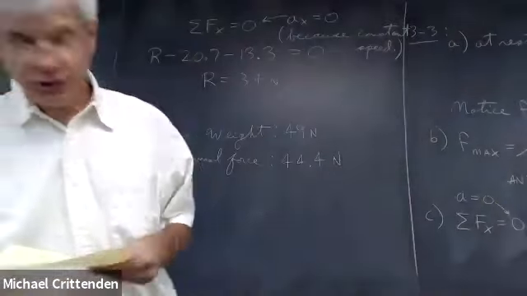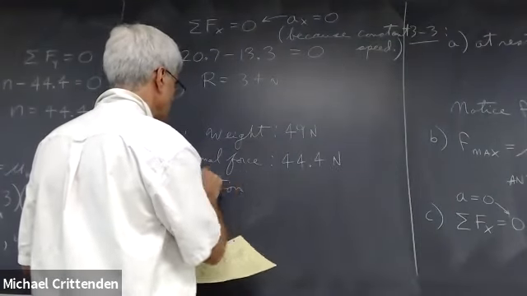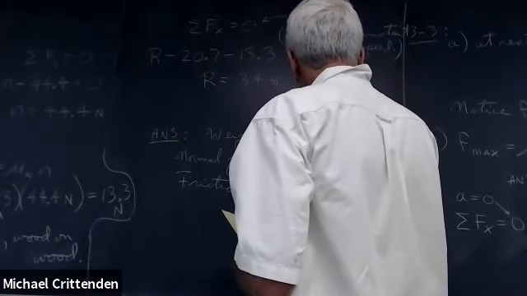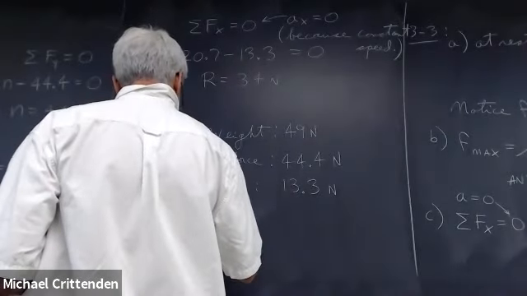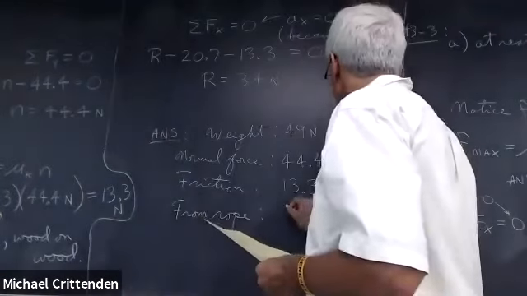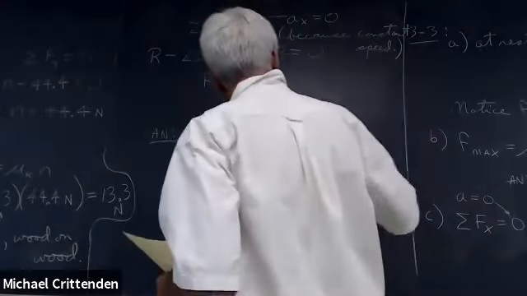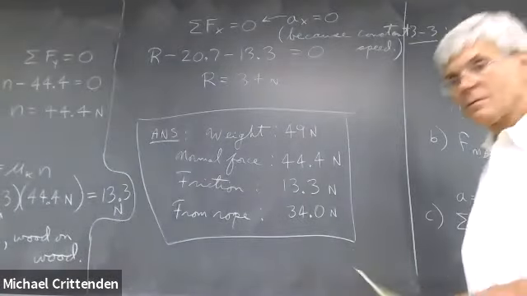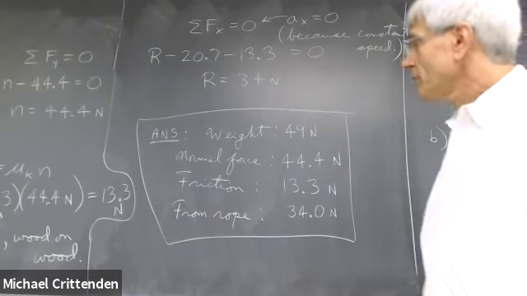The force of friction, 13.3 newtons, and from the rope, 34.0 newtons. So the question's got 4 answers. 4 things were asked for.